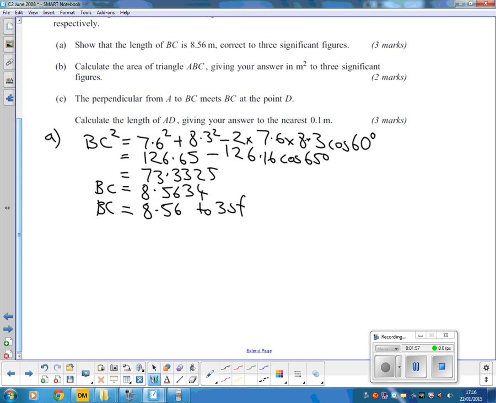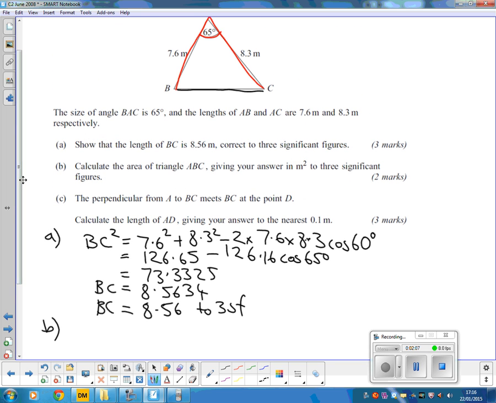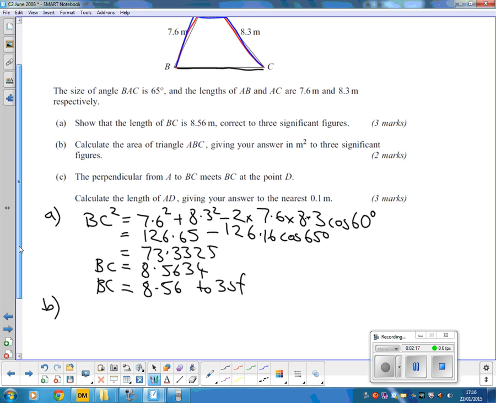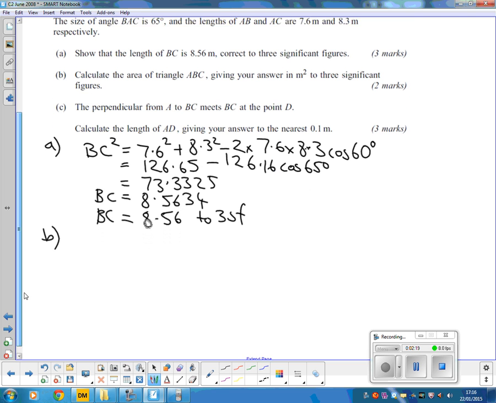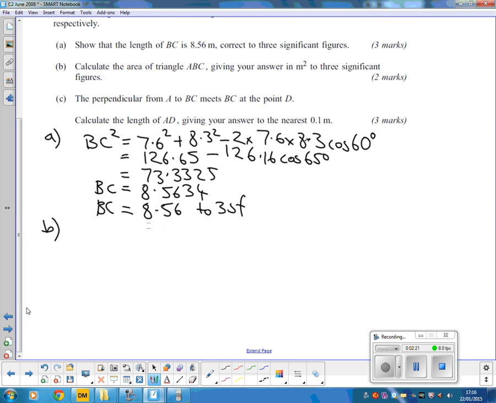Okay, so part B, they want the area of triangle ABC, and this time again 3 significant figures. Now for an area you need the same things you need for a cosine rule. You need two sides and the angle in between. This time think of it as an A shape for area. We have that in the original question, so let's use the answers we know are accurate.